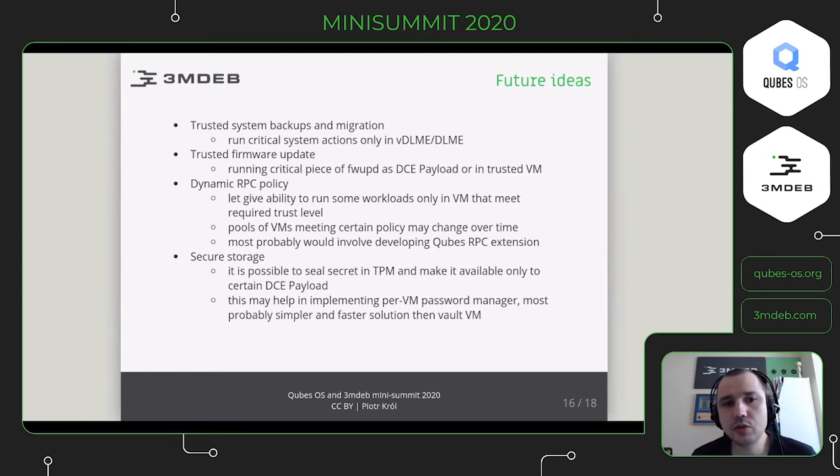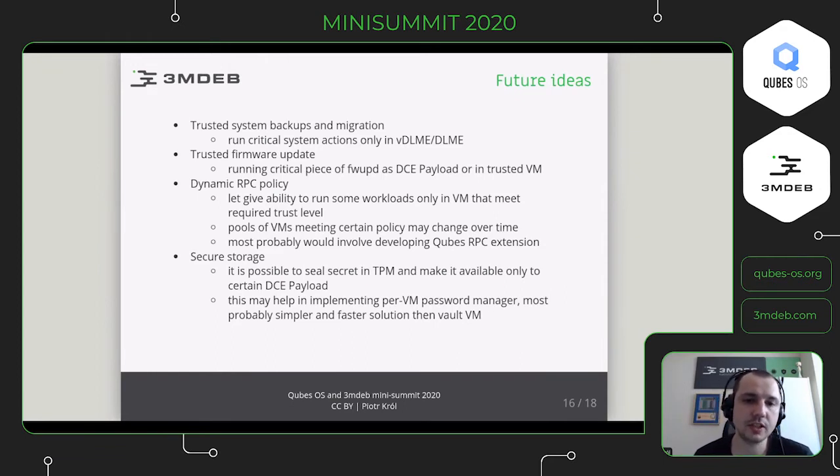Another thing is we could have a dynamically changing RPC policy. We may want to run some application on some VMs, but then the policy can say you cannot do that because the trust of this VM changed, and according to policy it should not happen.